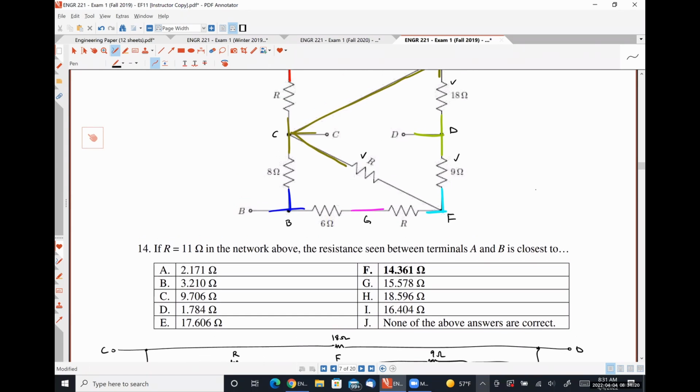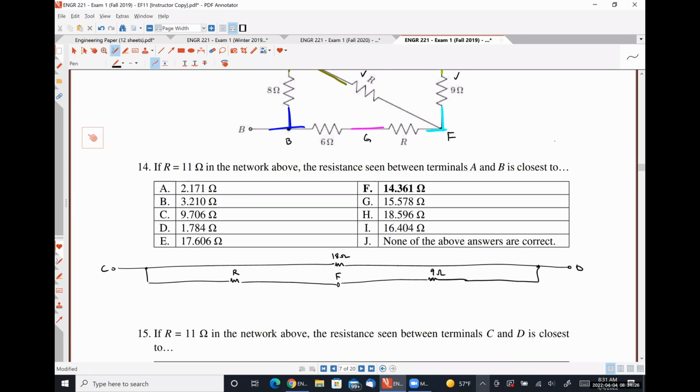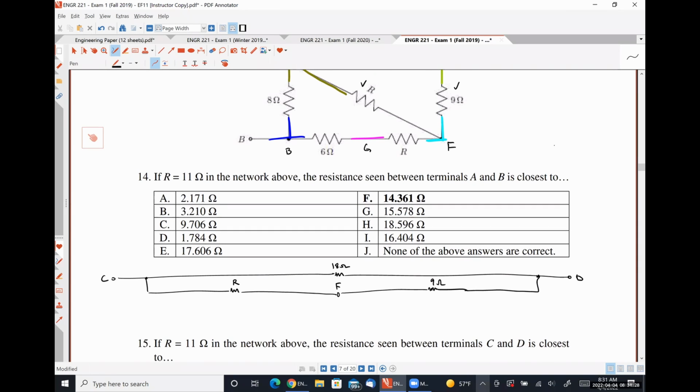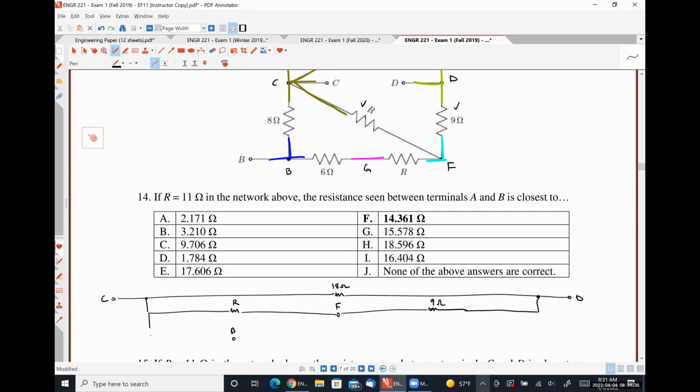And then the last way that I can do it is to go from C to B to G to F and then to D. So from C to B is the 8 ohm resistor. From B to G is the 6 ohm resistor.